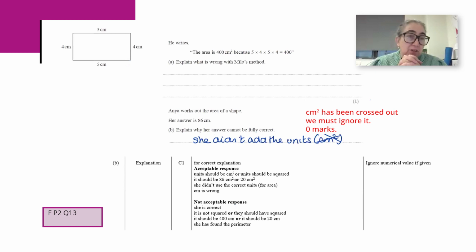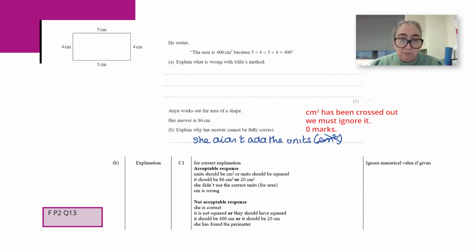And again, real students' examples. In that case we could probably, using professional judgment, have ignored the fact that she put brackets around it, but she had crossed out centimetre squared. The unit centimetre squared would have got them the marks, but they'd crossed out centimetre squared, so we must ignore it.